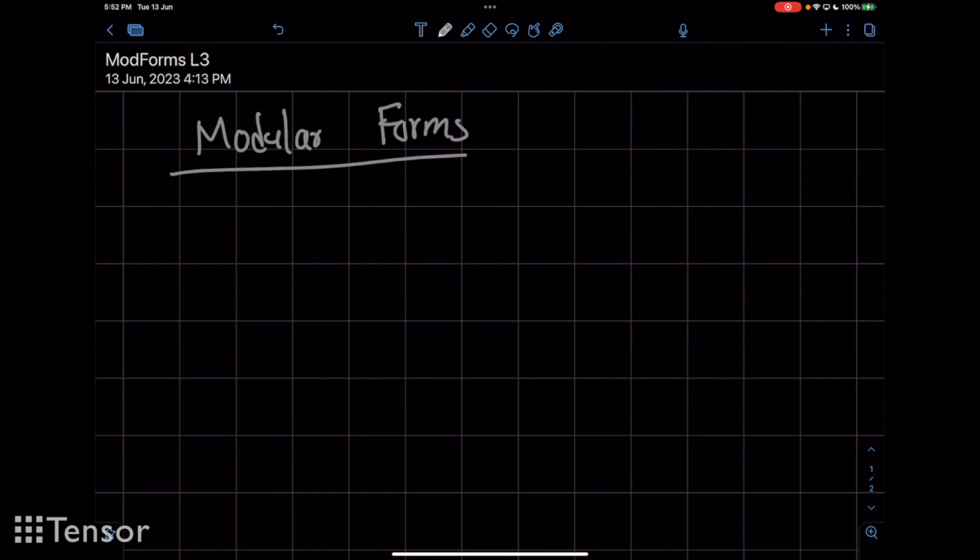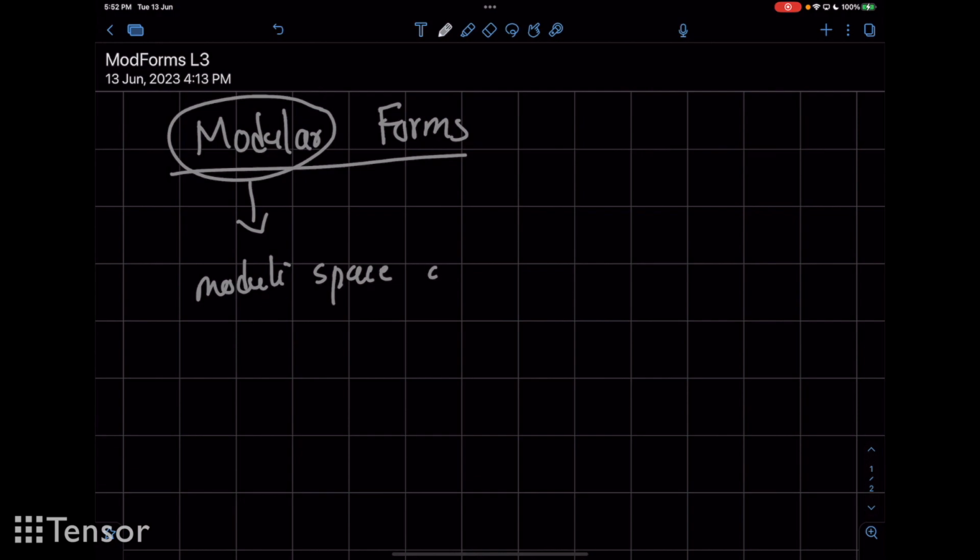Okay. So first of all, the term modular means moduli space of complex elliptic curves. Historically, the term modular has been used to mean moduli spaces of complex elliptic curves. So I'm going to define what these things are.